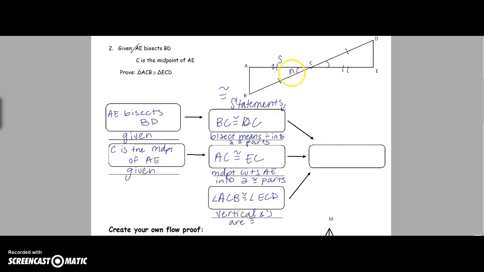You have a side, you have an angle, and you have a side. Look at your sides. Do those form the angle that you said was congruent? If so, we can say that triangle ACB is congruent to triangle ECD, got that from right here, are congruent by side, angle, side.